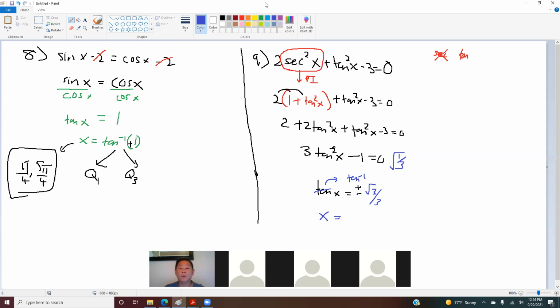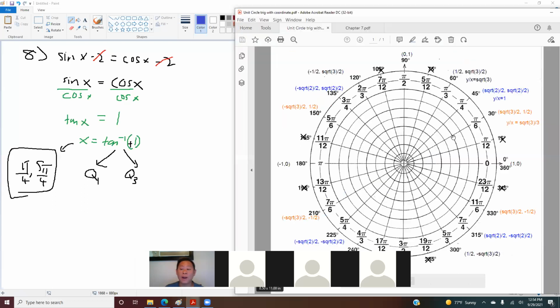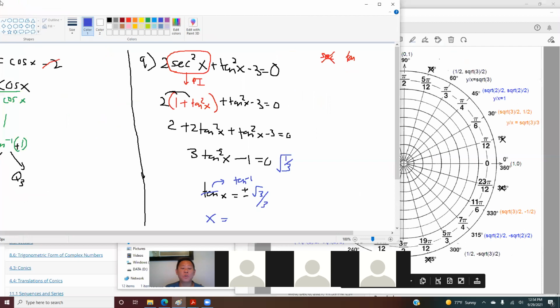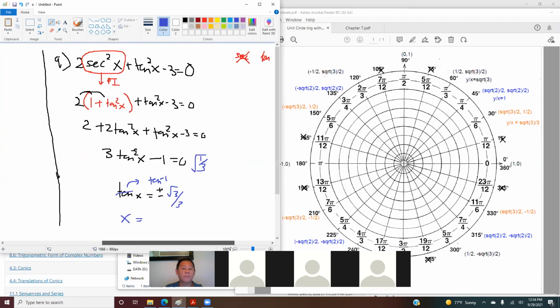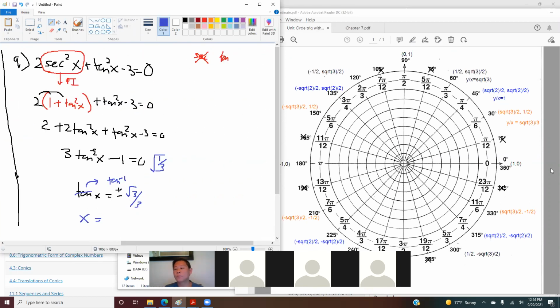So let's take a look at your unit circle. Again, tangent is y over x. So which one of these will give us root 3 over 3? Pi over 6, pi over 4, or pi over 3? Anyone?